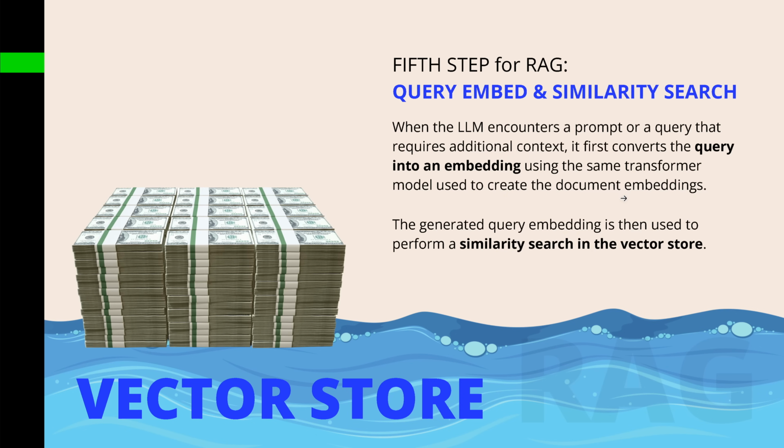So here again, we go to a very specific LLM, and you are allowed to pay for all the tokens, plus you're allowed to pay for the vector store. And the generated query embedding is then used to perform here this beautiful similarity search in the vector store, and you can go with whatever vector store you would like to pay for.